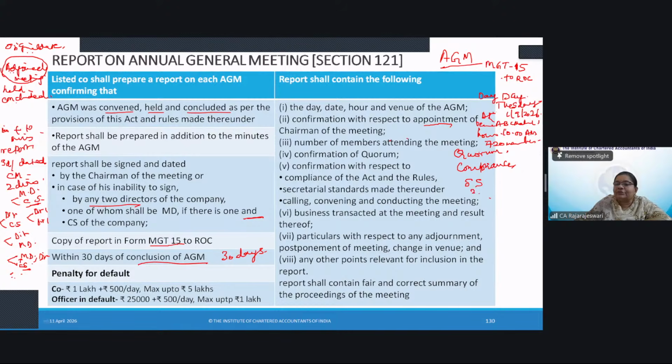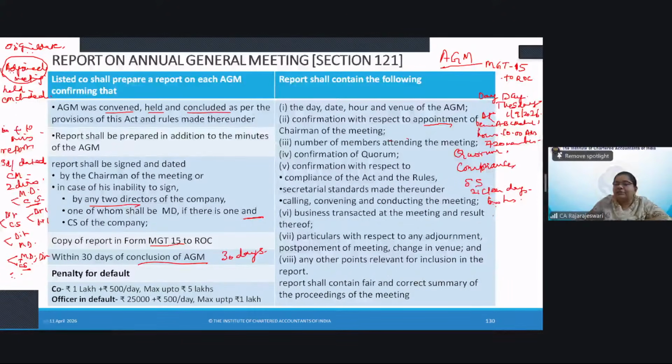Then confirmation with respect to calling, convening, and conducting the meeting. Meaning you should give 21 clear days' notice. It should not be held on a national holiday. You should conduct the meeting during business hours. So all the specifications have been complied with, and you should not violate any of the provisions. That is the meaning of confirmation with respect to calling, convening, and conducting the meeting.